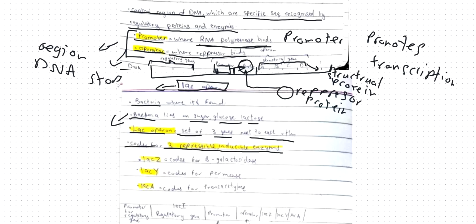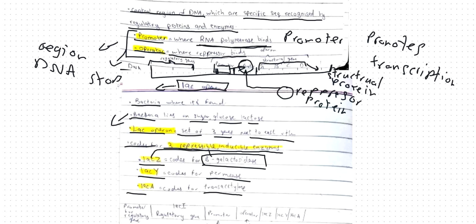The 3 genes are LAC-Z, which codes for beta-galactosidase, LAC-Y, which codes for permease, and LAC-A, which codes for transacetylase. I don't know how to pronounce this. You have to memorize the role of each gene: LAC-Z, LAC-Y, LAC-A, you have to know what each codes for.